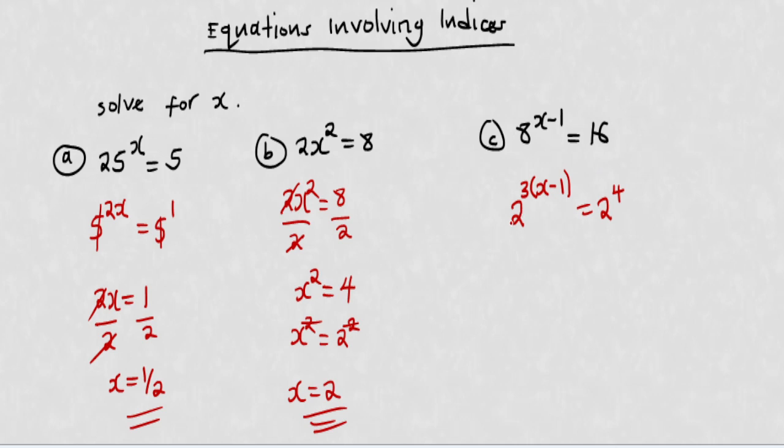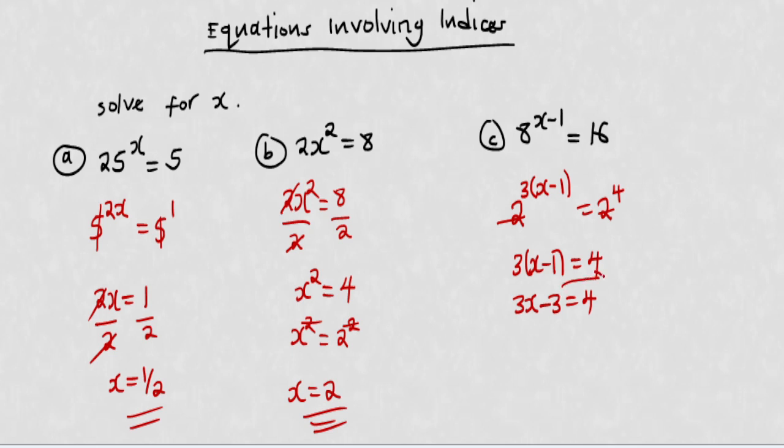Now since the bases are the same, you cancel them, then you equate the powers. So this is 3x minus 1 is equal to 4. So 3 times x, that is 3x, 3 times negative 1, that is negative 3, is equal to 4.